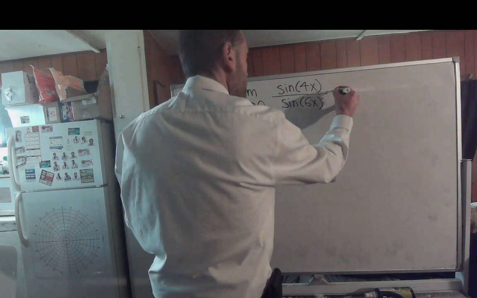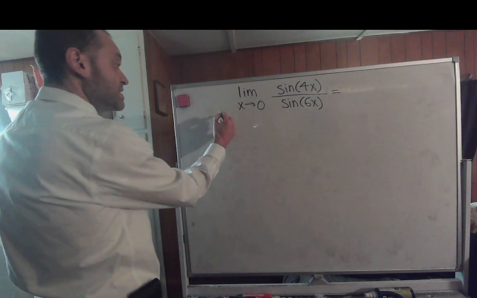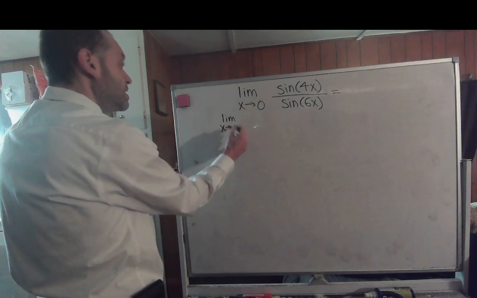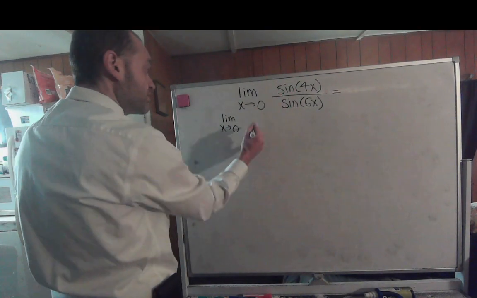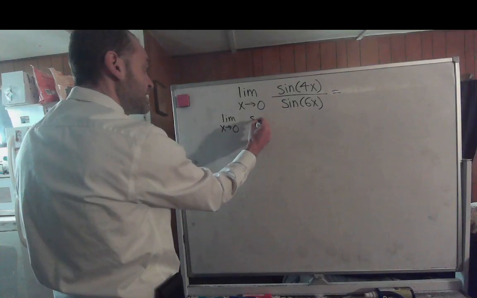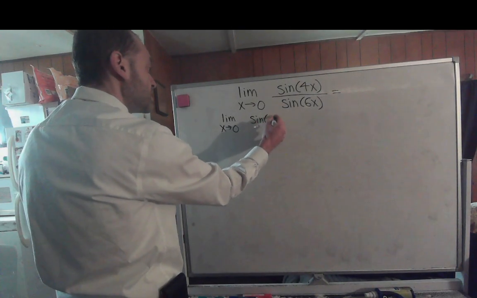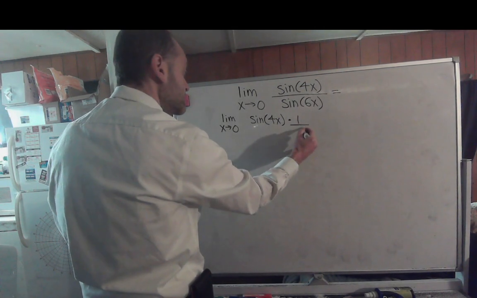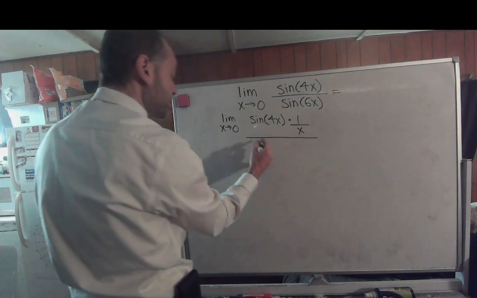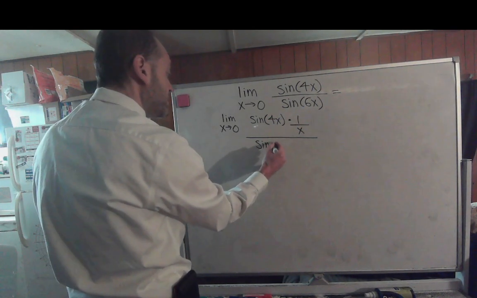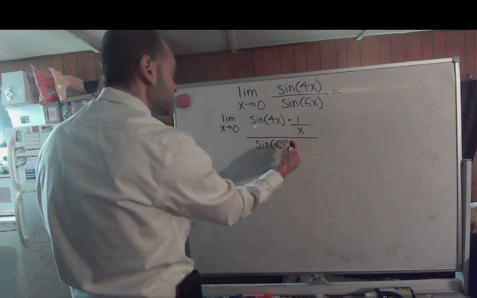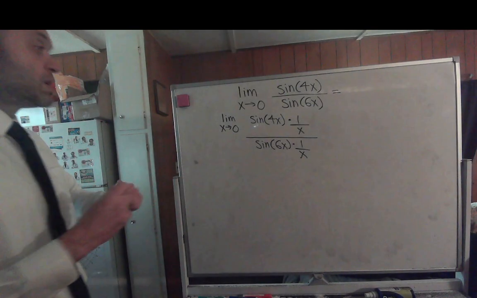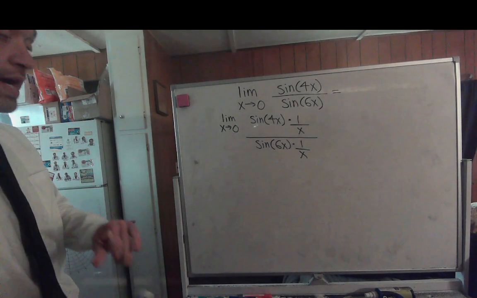So my suggestion in this case is we're going to take the limit as x approaches 0 of, alright, that numerator of sine of 4x, let's take the sine of 4x, and now we're going to multiply that by 1 over x, and then we're going to do the same thing to the denominator. Divide that by this, take the sine of 6x times 1 over x.